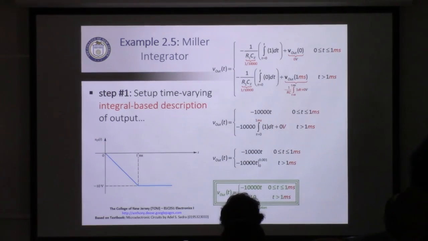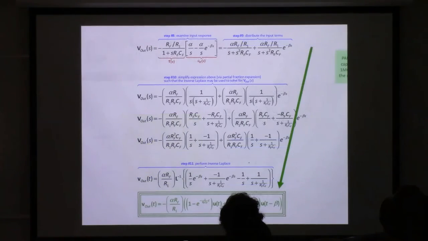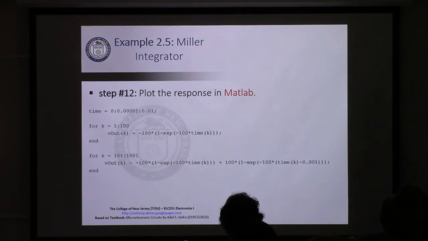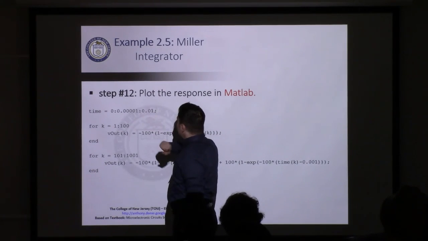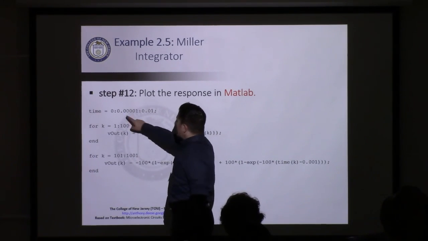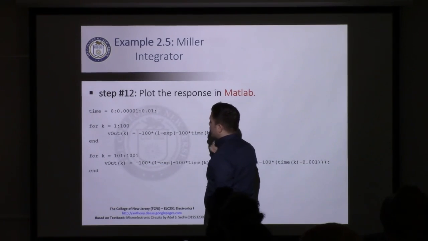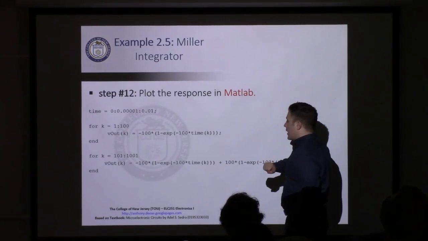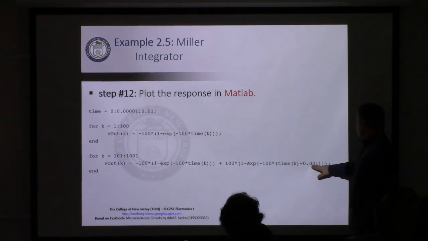So all I did was I took the function we came up with, which is here in the green, and I made a MATLAB script out of it. So from time equals 0 to 10 milliseconds, with a time step of, I guess, 10 microseconds, calculate our output, which is all this shown right here.